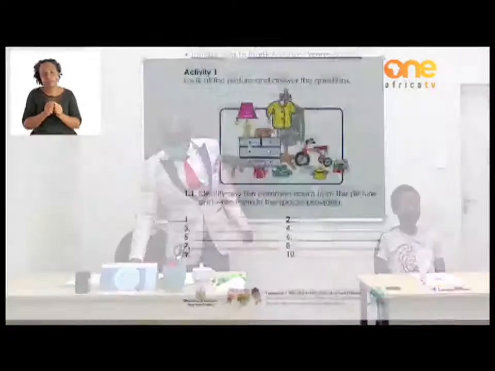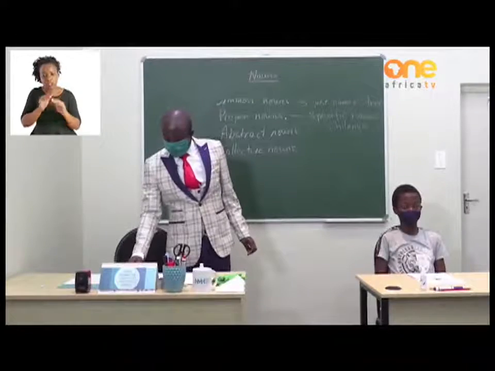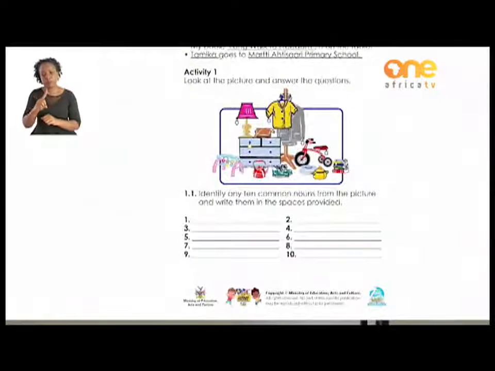For example, a common noun from the picture is a tricycle. Can you see a tricycle? And there is also a pair of shoes in the picture. Those are common nouns. So I want you to complete from number 3 to number 10, writing those common nouns which you can see.